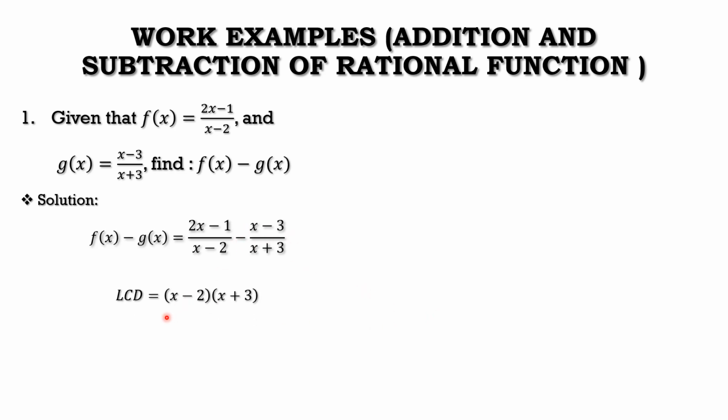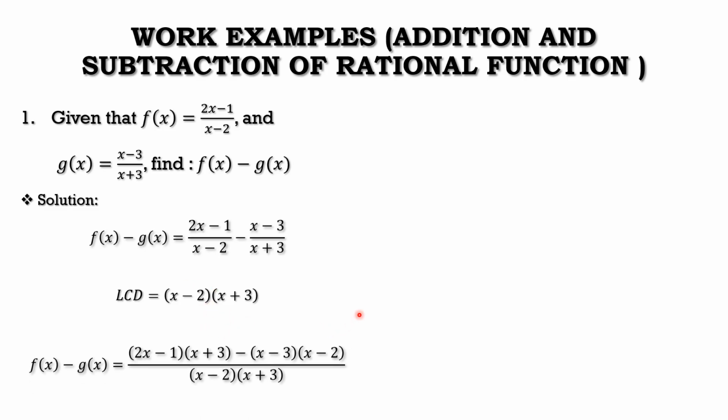Now the LCD will be s minus 2, s plus 3. This is what we are going to do next. I'll write my LCD, then perform the normal fraction operation on addition and subtraction that we know.